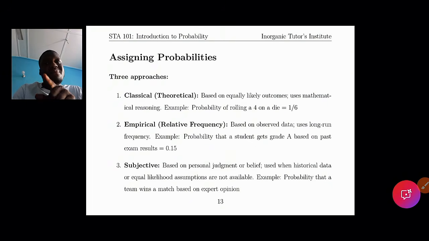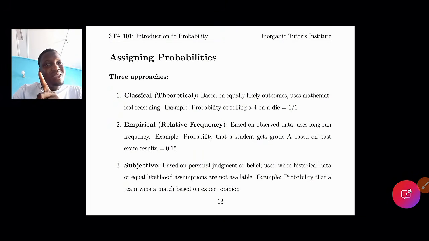Then that should tell you that the probability can be assumed to be 0.15 or 15%. Now you can make a good judgment that based on my observed data, I can say 15% of the balls in there are red.